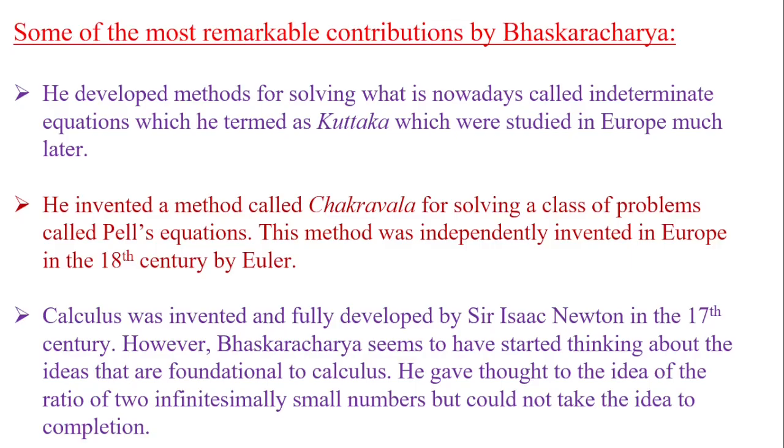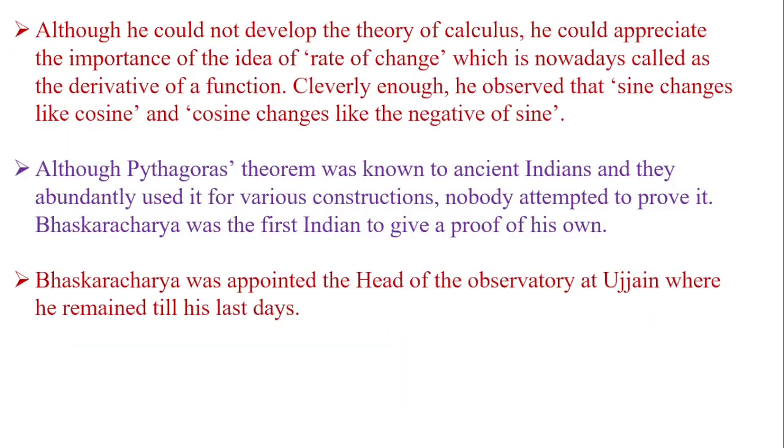But unfortunately he couldn't take this idea to completion. Somewhere he blundered and his calculations went wrong, and nobody afterwards took those ideas ahead. This flow of thoughts was disrupted, and then those ideas were independently invented and developed by Isaac Newton in England.